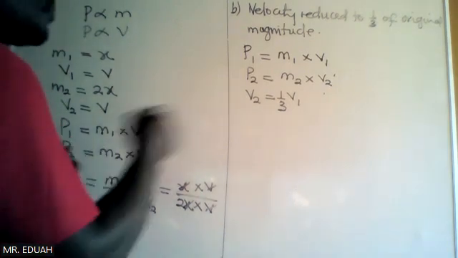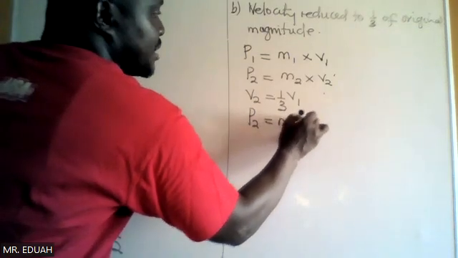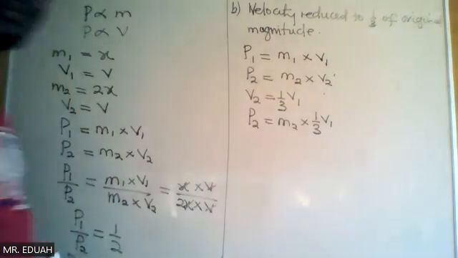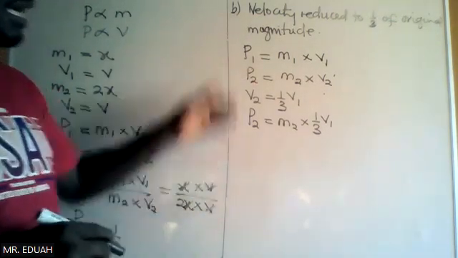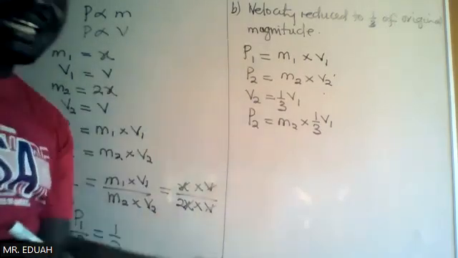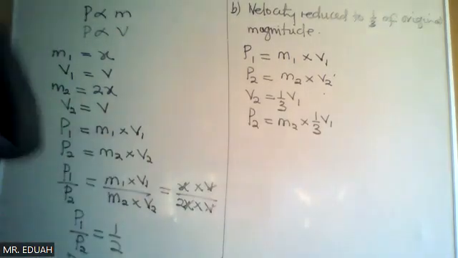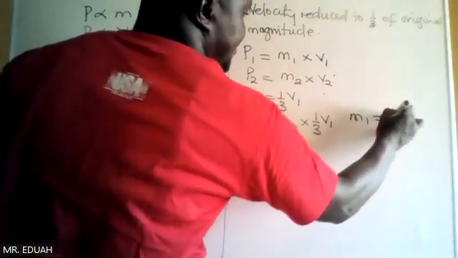Okay, so when you put that in P2 as M2 times 1/3 of V1, let's take a ratio of the momenta and then find the new momentum as a result of this change. Here, please, the masses are the same.